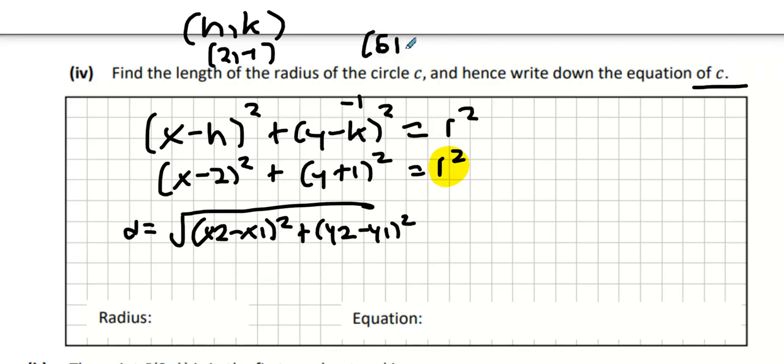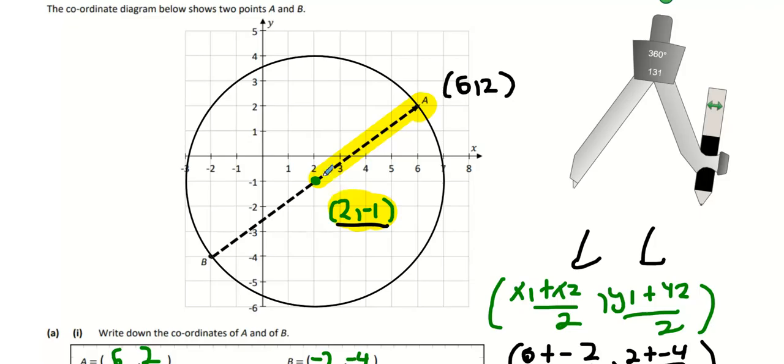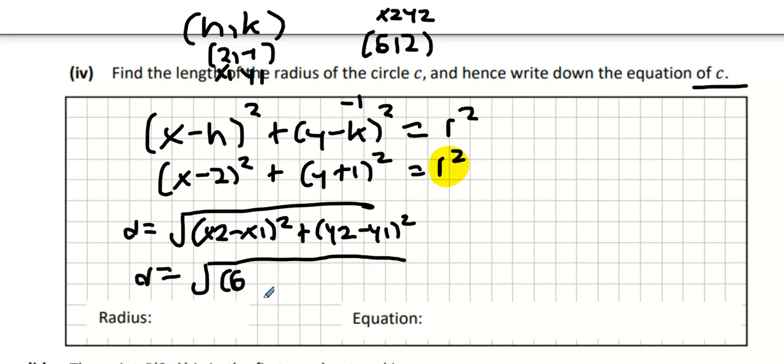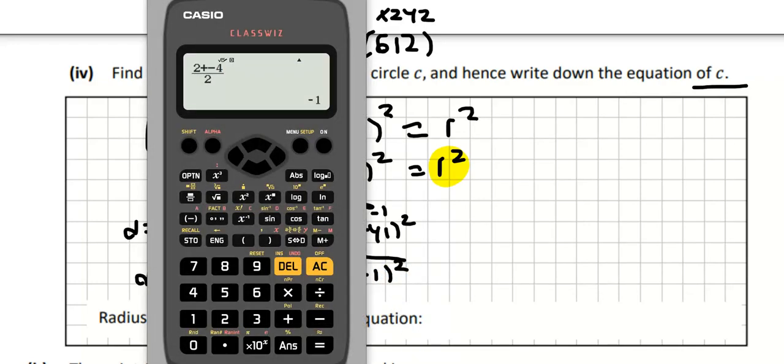And we know that that point is (6, 2), this point here. So we're going to label them x1, y1, and x2, y2. Then we're going to rely entirely on the calculator. And we're going to get 6 minus 2 squared plus 2 minus 1. You can leave it as minus 1 if you want. It'll be 2 plus 1 in any other way you do it.